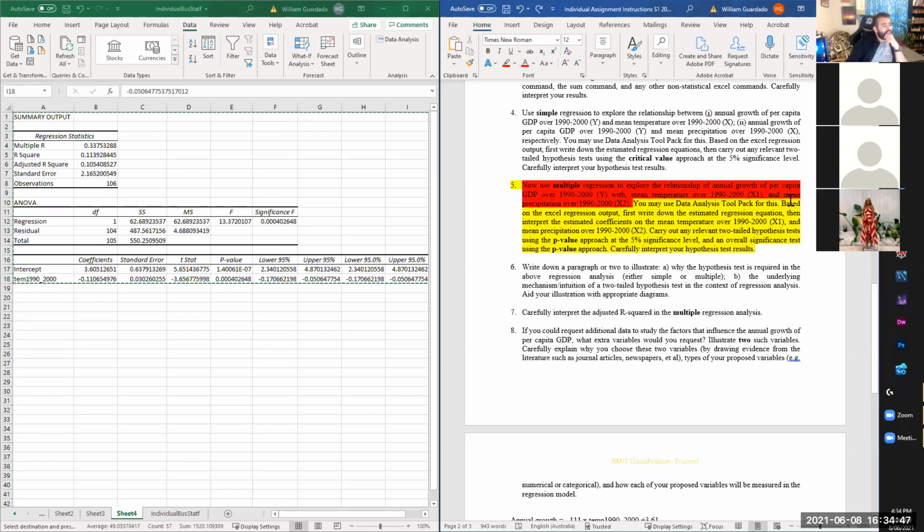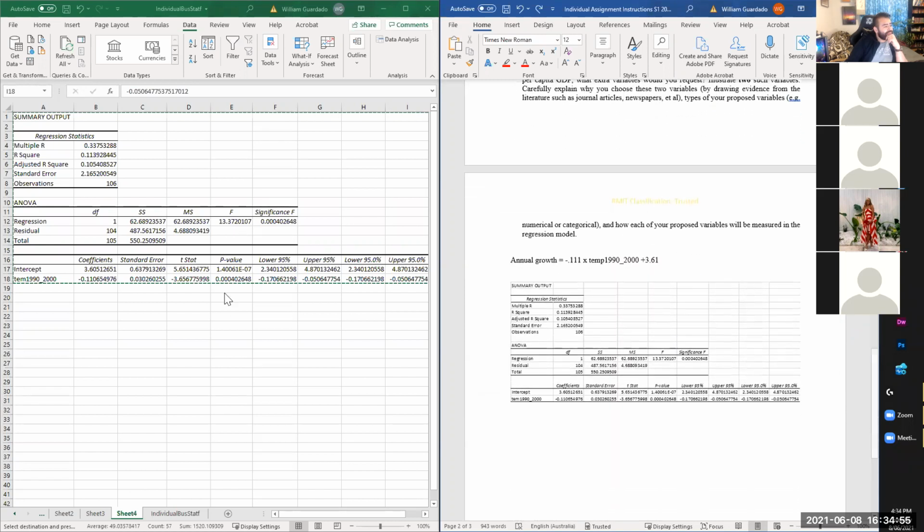It then asks you to write down the estimated regression equation. I've actually already written it down here. These are the two numbers that you're looking at. Your coefficients come from here.